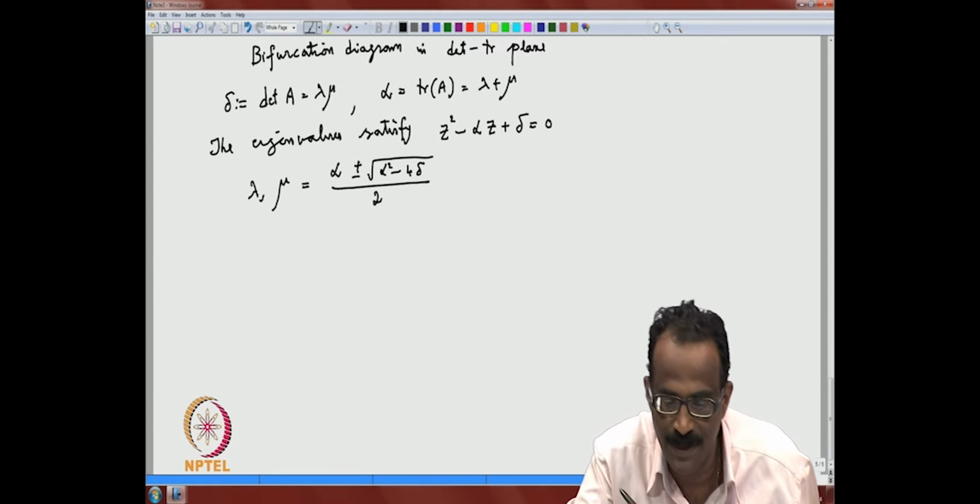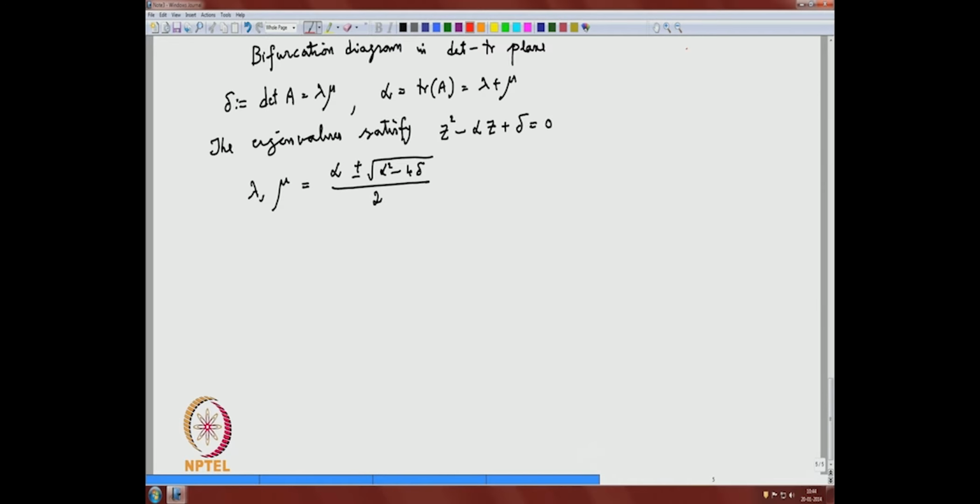So, I am going to draw the diagram in the plane. This is alpha, that is nothing but the trace, and this is delta. Delta is equal to lambda mu, and alpha is equal to lambda plus mu. So, let us consider all the cases.